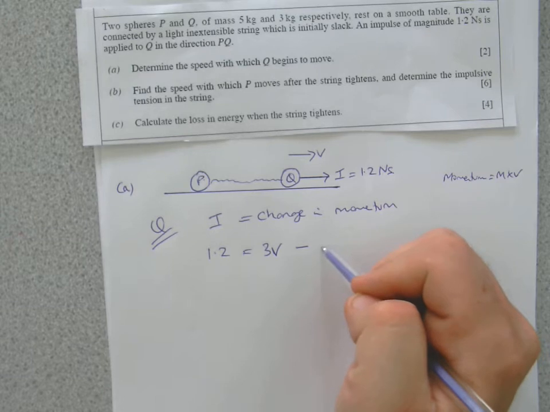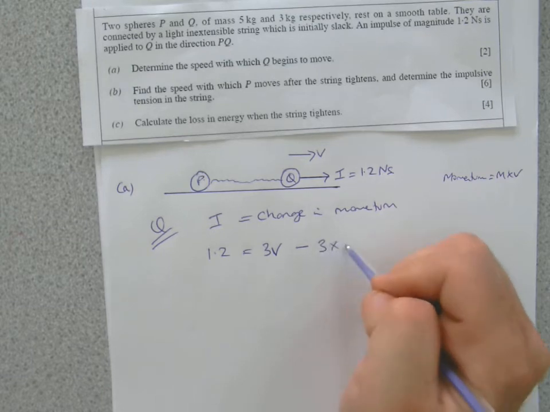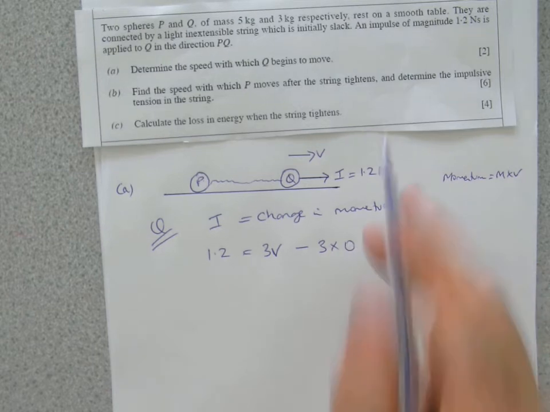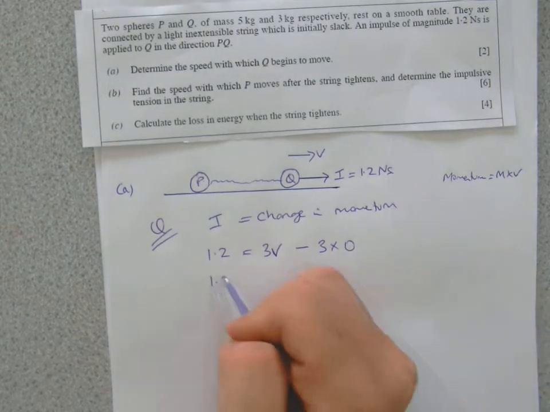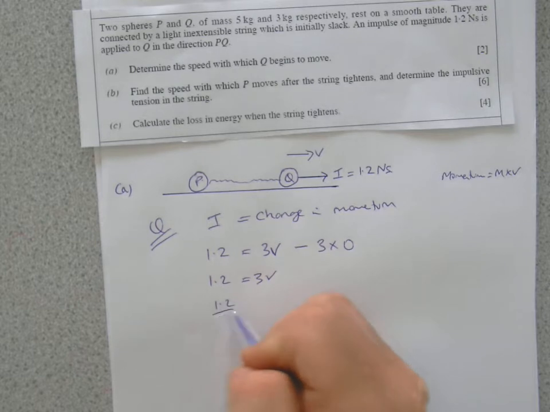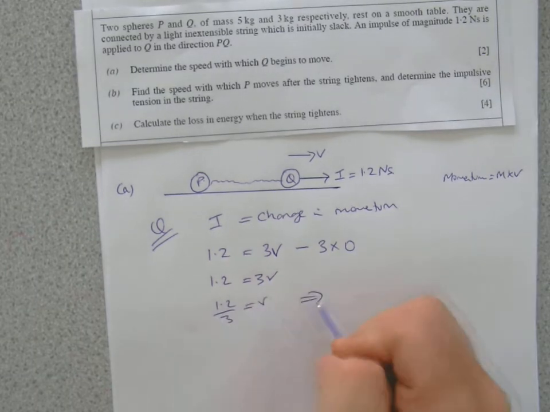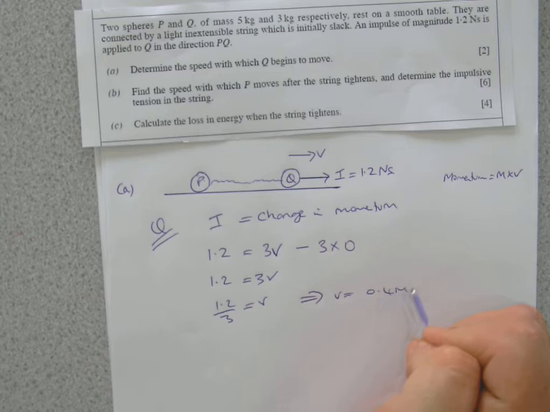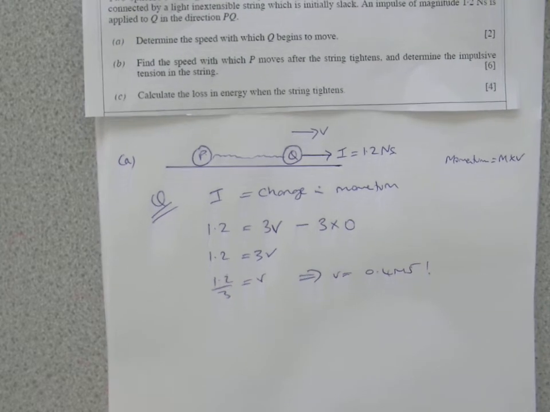And momentum before, of course, is going to be 3 times the velocity, which was 0, because it's at rest, it says. So 1.2 equals 3v, okay? We can use our calculator, and we get v to be 1.2 divided by 3, so that implies v is 0.4 meters per second, okay? So that's the speed it begins to move at.